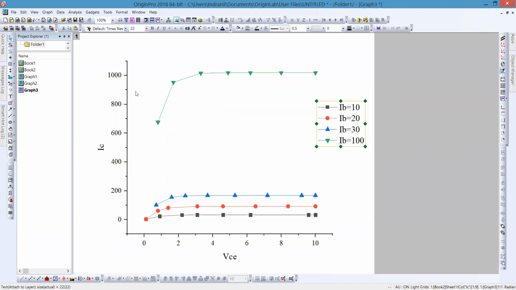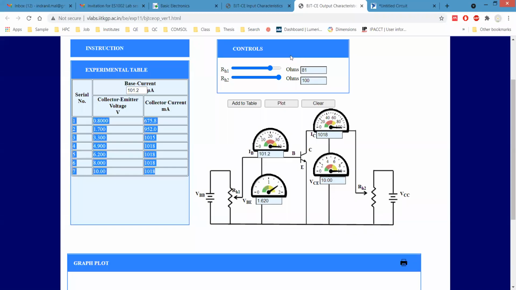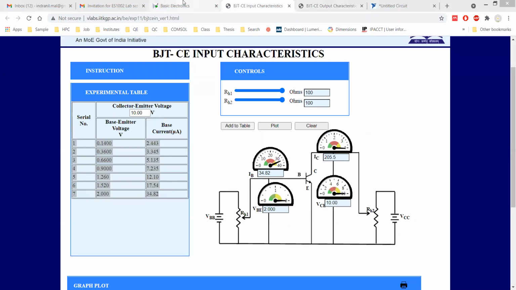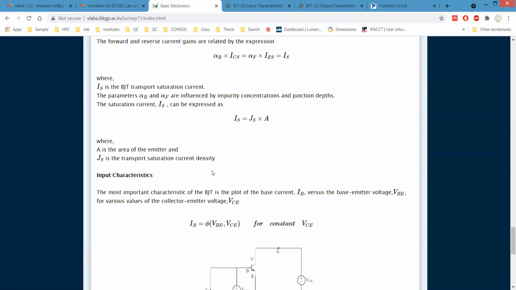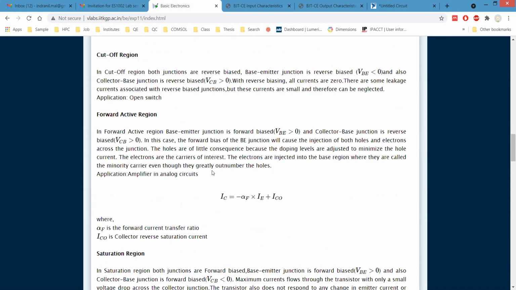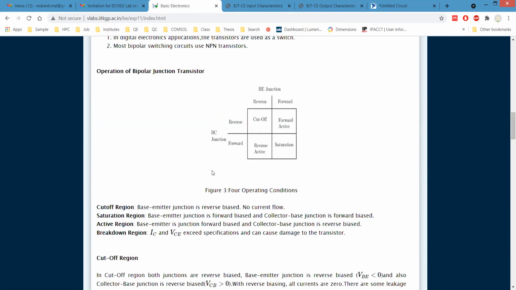Now, about the small thing I told you earlier: when the base-collector junction is reverse biased and the base-emitter junction is in reverse bias, then they will be in cutoff.